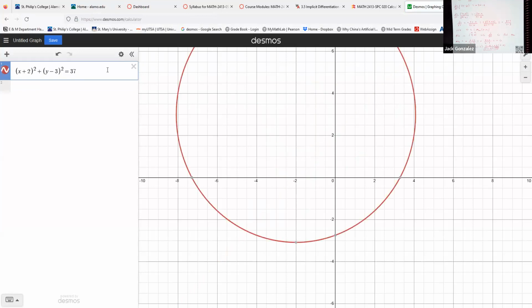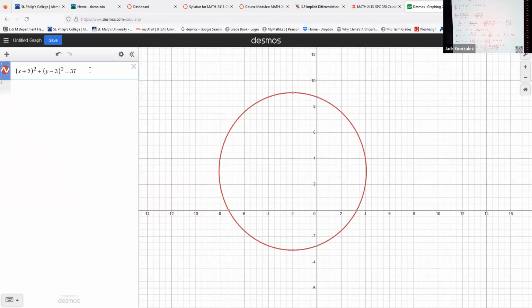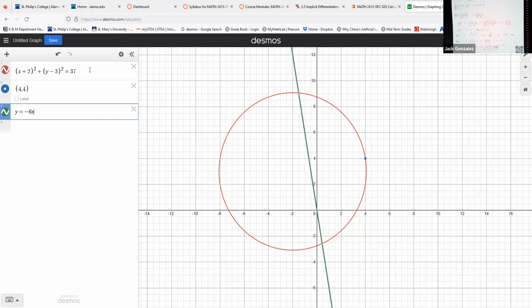All right, so that's the original circle. The point that they care about was this one. The line that we solved for was the tangent line, right here. It was tangent to this point.